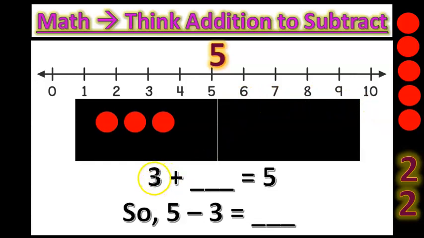Remember, what is this number here? 3. Good job. So look. There are already 3 red circles here. We don't have an answer here because we need to put some red circles in here. Now we need this number line to help us.